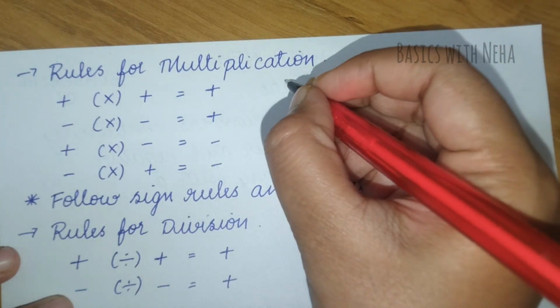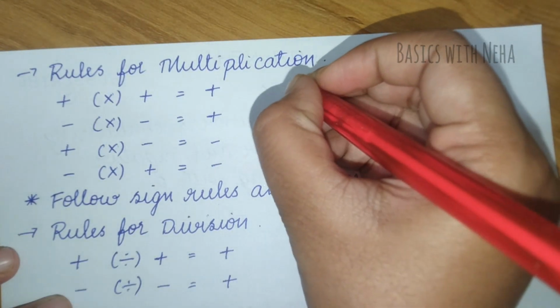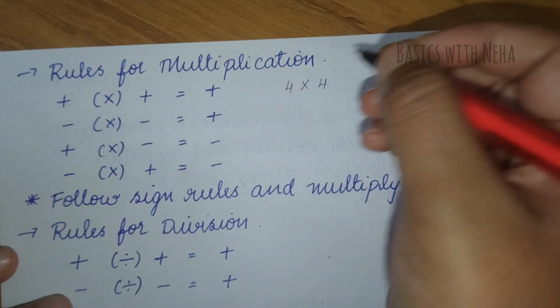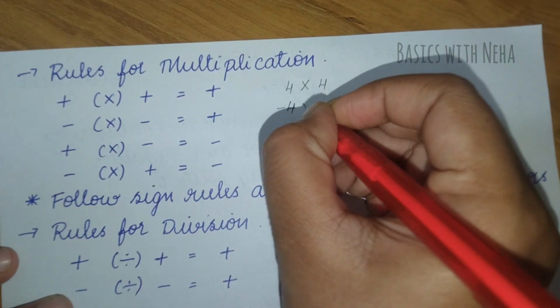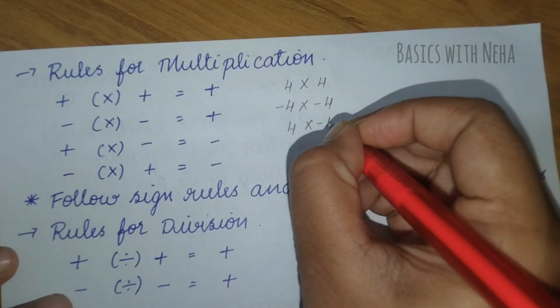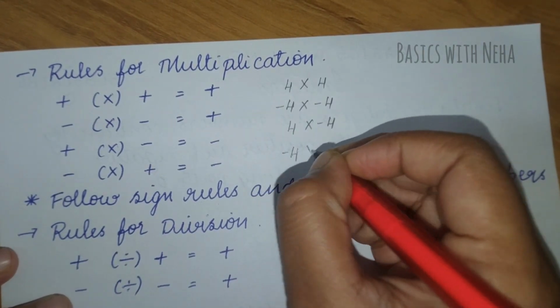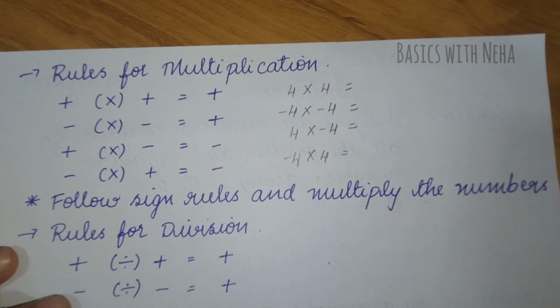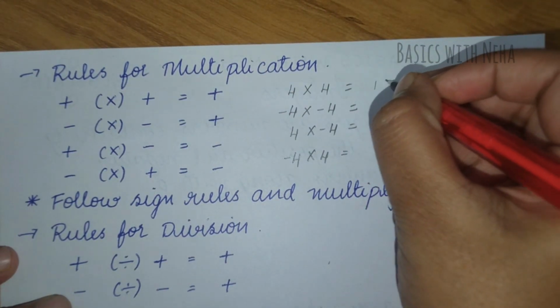Now let's take the same number example. For example, if I have 4 into 4, minus 4 into minus 4, 4 into minus 4, minus 4 into 4. Now my answer here will be 4 4s are 16.